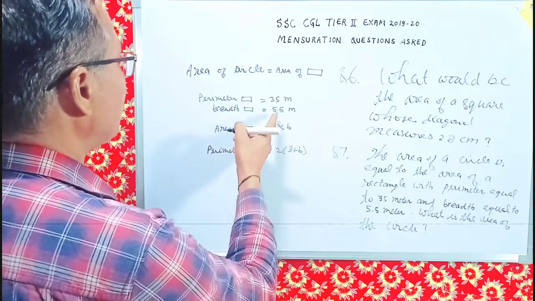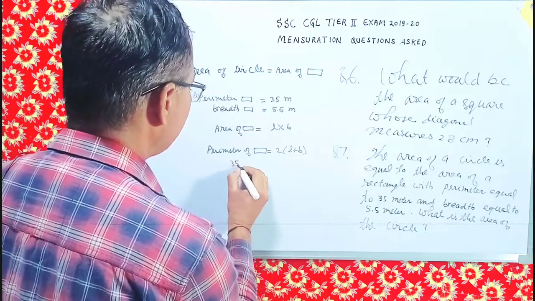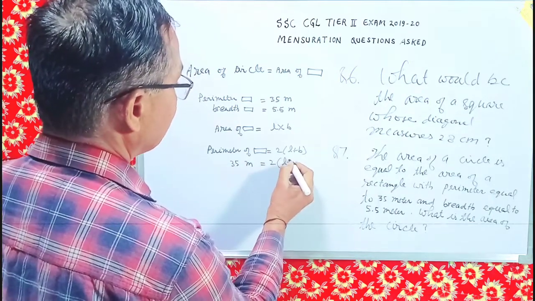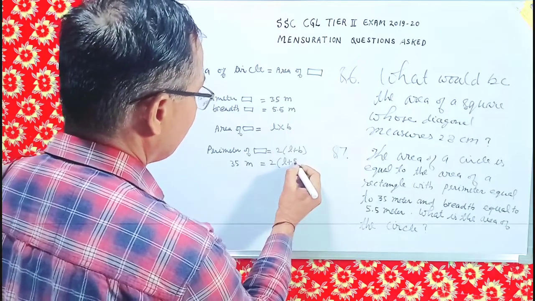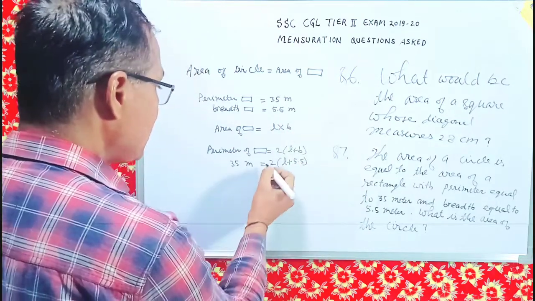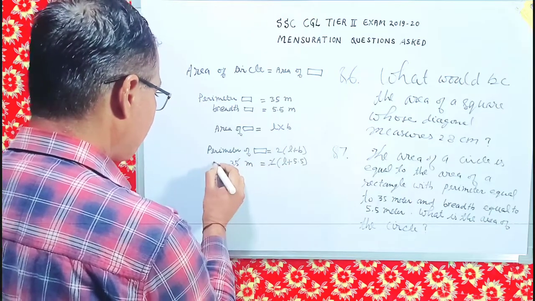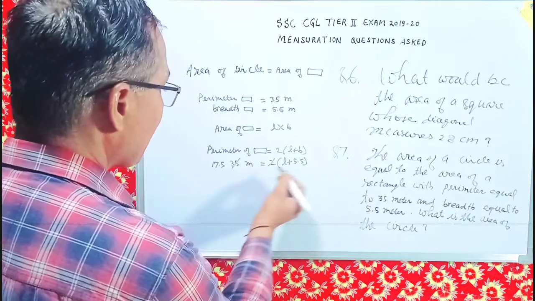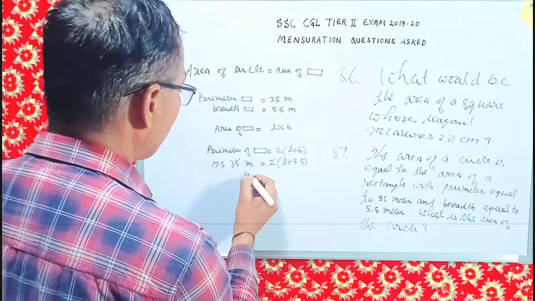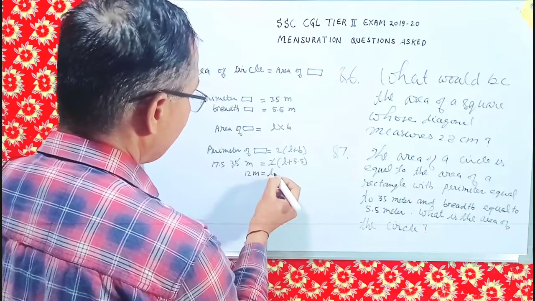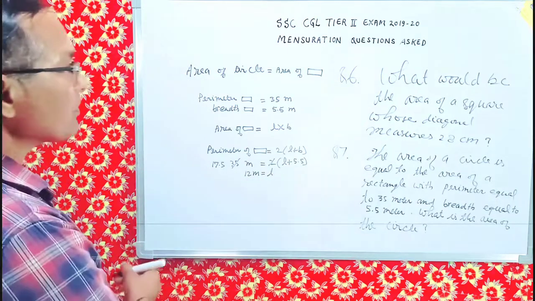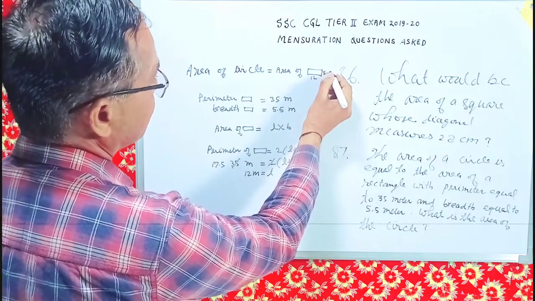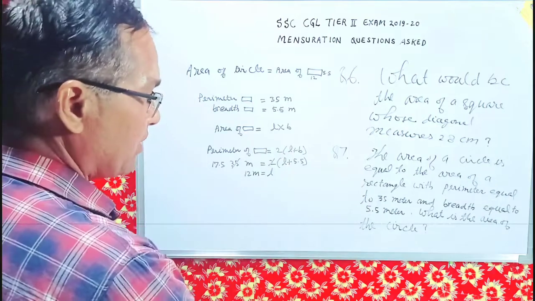So the perimeter is given to us as 35 meter, equal to twice of length plus breadth, and breadth is also given as 5.5. Here this 2 will cut 35 to give 17.5. So 17.5 minus 5.5 equal to 12 meter is the length of the rectangle. It is 12 and this breadth is 5.5 meter.